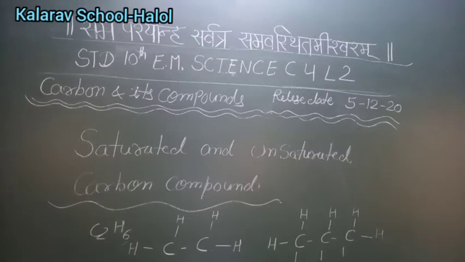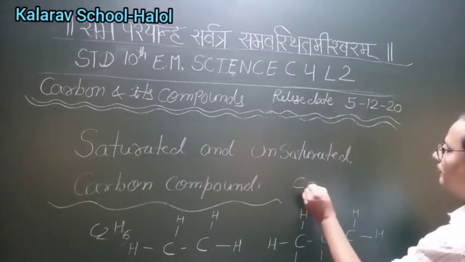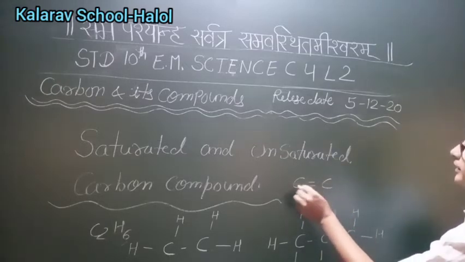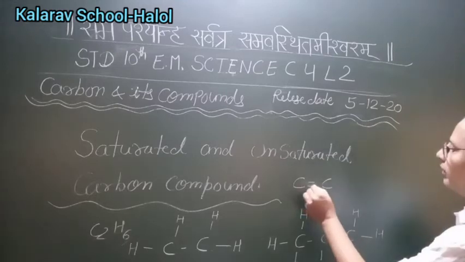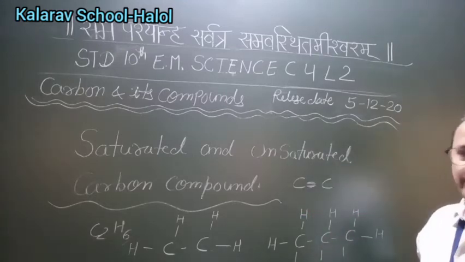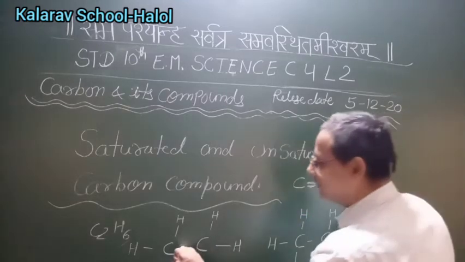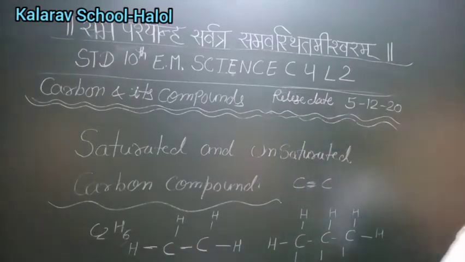We see that one valency of a carbon atom remains unsatisfied, and this is satisfied only if there is a double bond between the two carbons. If a double bond is there between carbon and carbon atoms, then there may be chances that it may break up. So if a double bond is there, then it is unsaturated. If a single bond is there, then it is a saturated hydrocarbon.